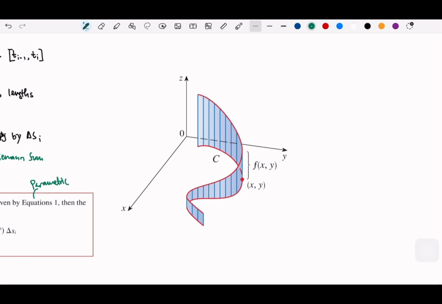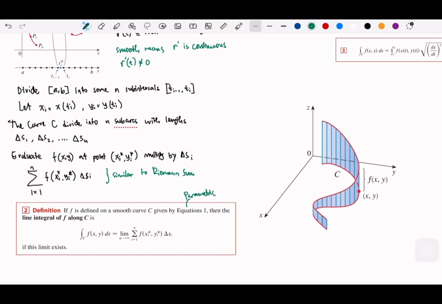But in practicality, because we want to compute this line integral in a simple way that we can elaborate more, if we remember in calculus parametric, we know that we can find the arc length, right? Now the arc length formula can be used for our line integral as well.